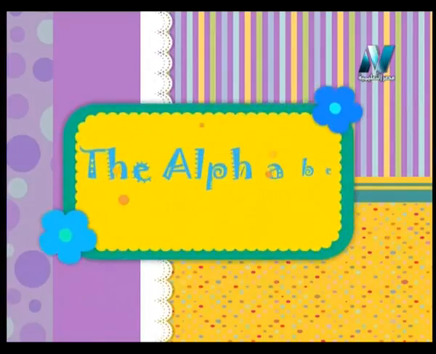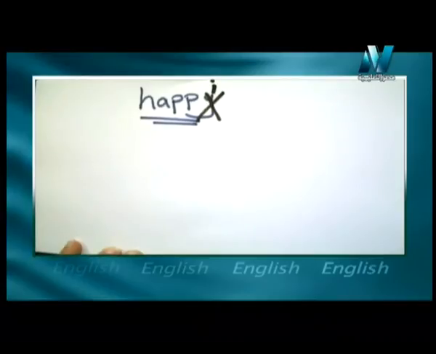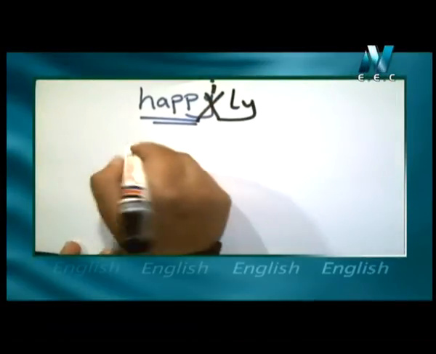You know your ABC. If I want to have an adverb, I have an adjective, for example, like happy. And I want to have an adverb from this adjective. What am I going to do? I'm going to take off or cross out the y and put i and then put the ly. It's going to be happily.